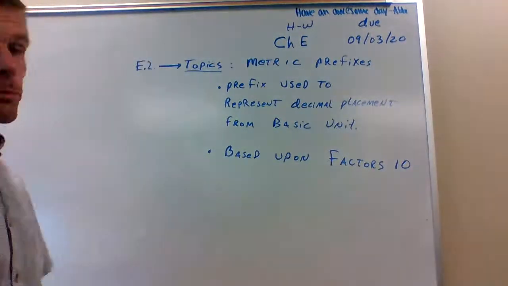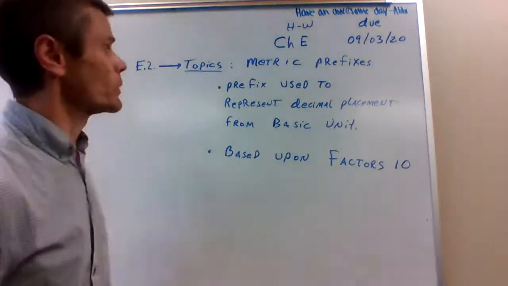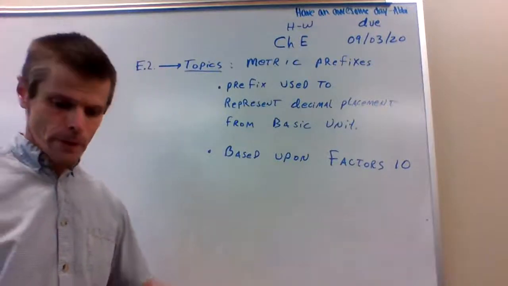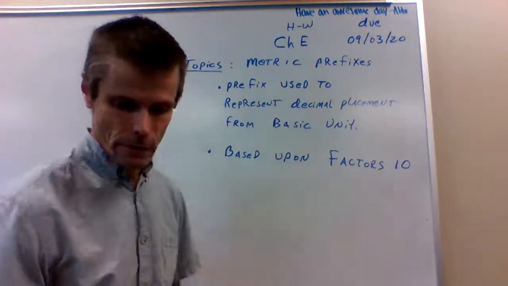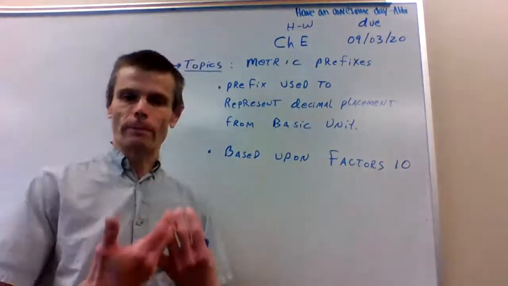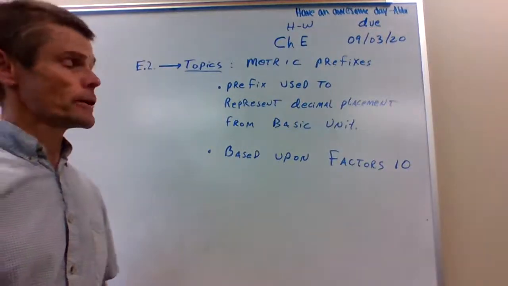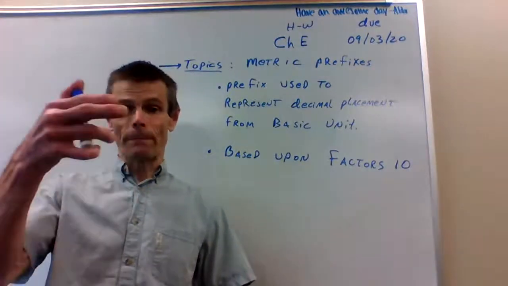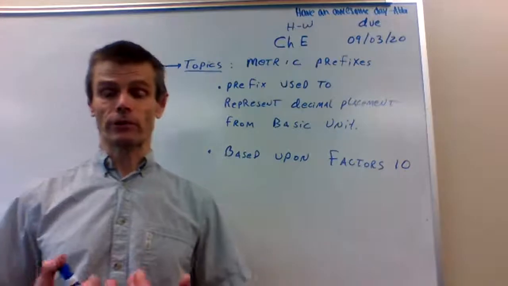Today's topics will be finishing up section E2, and these topics will include the use of metric prefixes. Now, some of you have familiarity with metric prefixes, but we're going to go over them because the metric prefix is used to represent decimal placement when we're using a base unit, and it's based upon factors of 10.